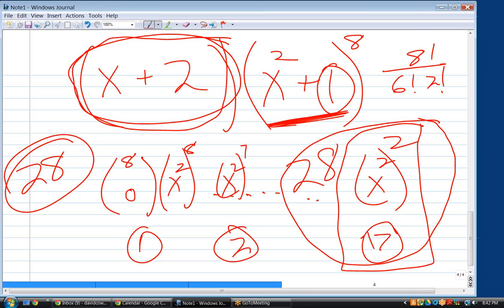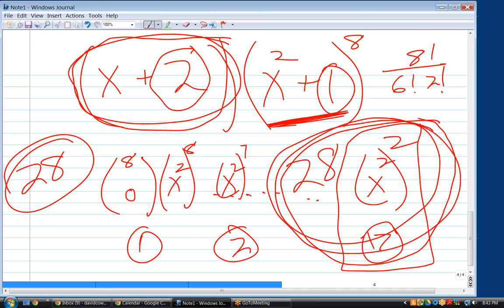Because you also got to multiply the 2 times x to the fourth, but that won't affect the coefficient of the x to the fifth term. In other words, the x to the fifth term is going to have the same coefficient as the x to the fourth term has, and that's 28.